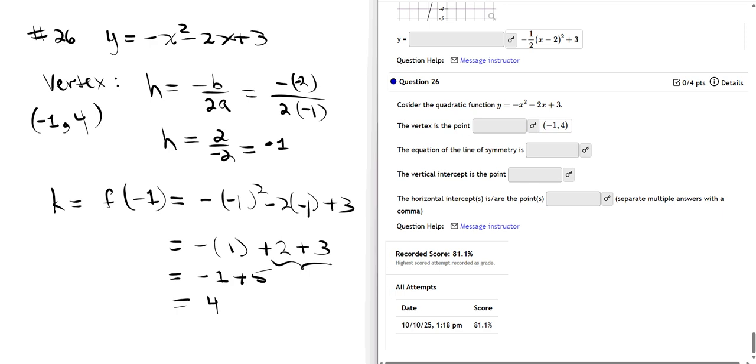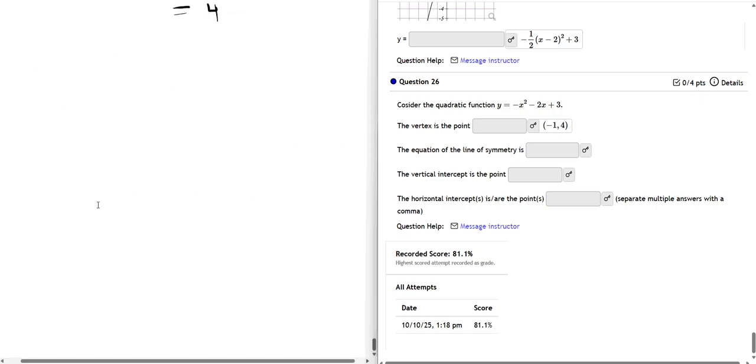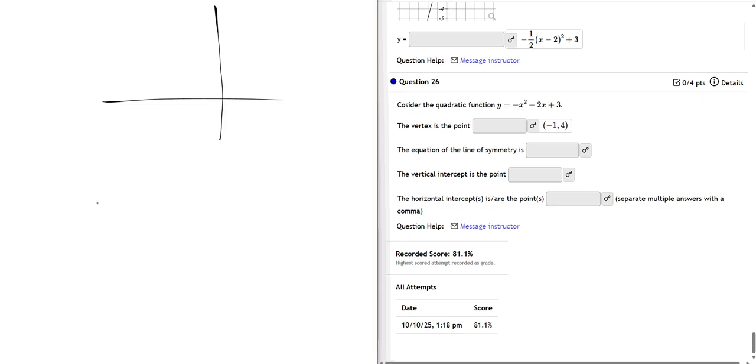And for the next part, it asks for the equation of the line of symmetry. Well, just do a quick sketch. Say this is -1, 1, 2, 3, 4. Actually, I don't like that at all. Let me make these better.